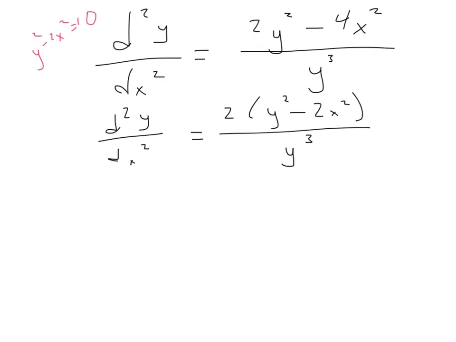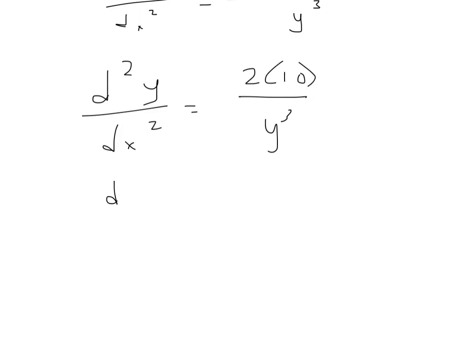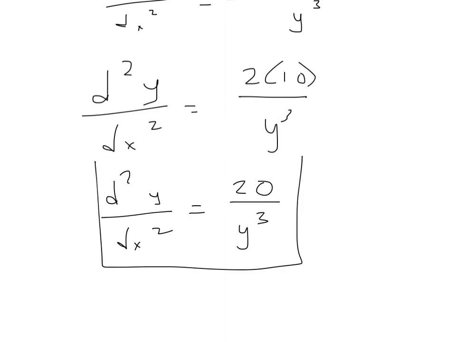And what's really neat is that at the beginning of the problem, we were told that y squared minus 2x squared is 10. Which means right here where you see y squared minus 2x squared, that is equal to 10. There is no reason that I shouldn't just replace that with 10. 2 times 10 over y cubed. Turns out your second derivative is really nice. This second derivative we've been looking for in this problem is 20 over y cubed. Awesome.